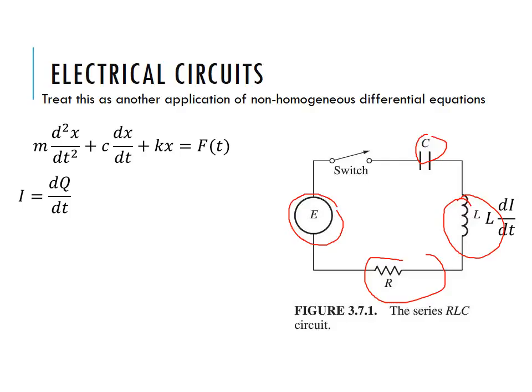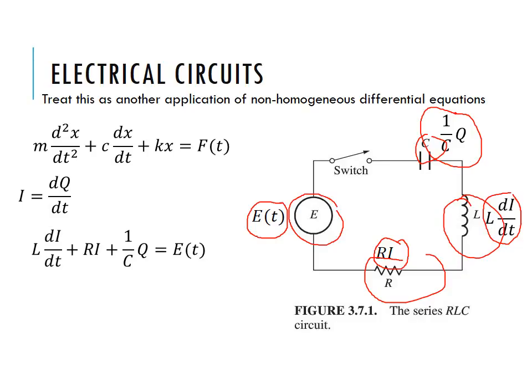Then the voltage drop across the inductor is equal to this. The voltage drop across the resistor is equal to this, and the voltage drop across the capacitor is equal to that. And we'll have some power source that changes in time here.